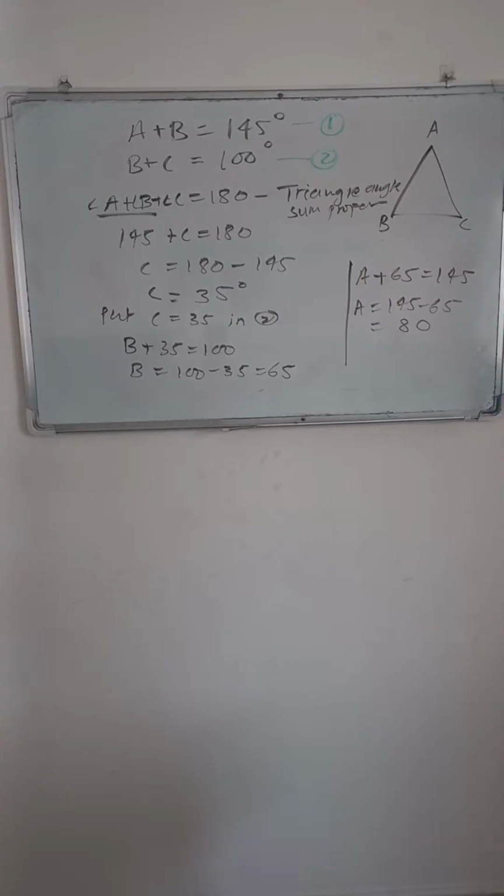So I will read this question. An angle is 20 more than 3 times the given angle. If the two angles are supplementary, the angles are.